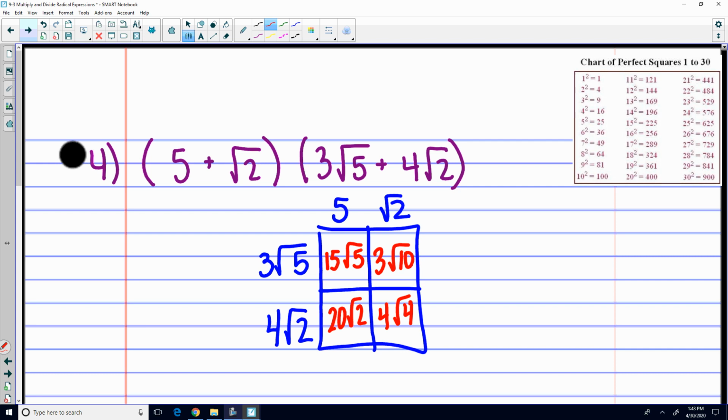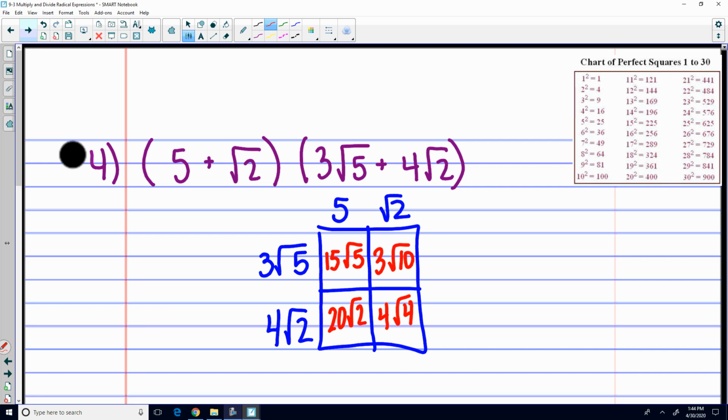Now that's kind of a crazy thing that we got going on there. Let's double check. 5 square root of 5, that looks good. 3 square root of 10 looks good. 20 square root of 2 looks good. And 4 square root of 4 looks good.